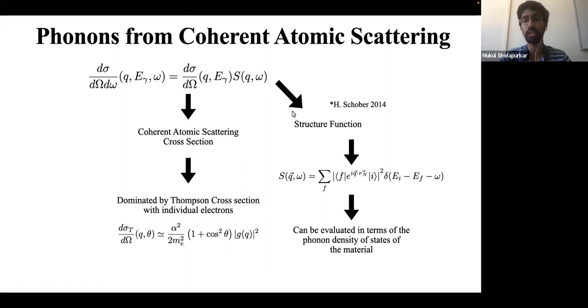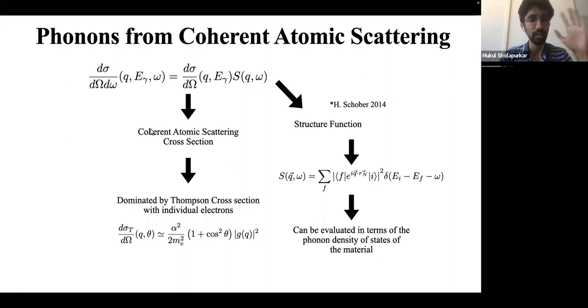The structure function appears quite a lot in neutron scattering literature and has been borrowed in dark matter literature recently. The structure function intuitively encapsulates all the gory details of the phonon dispersion relations and that information. In other words, it tells you the probability of getting a phonon in some final state, starting from an initial ground state, when you give some small momentum kick q to a nucleus.